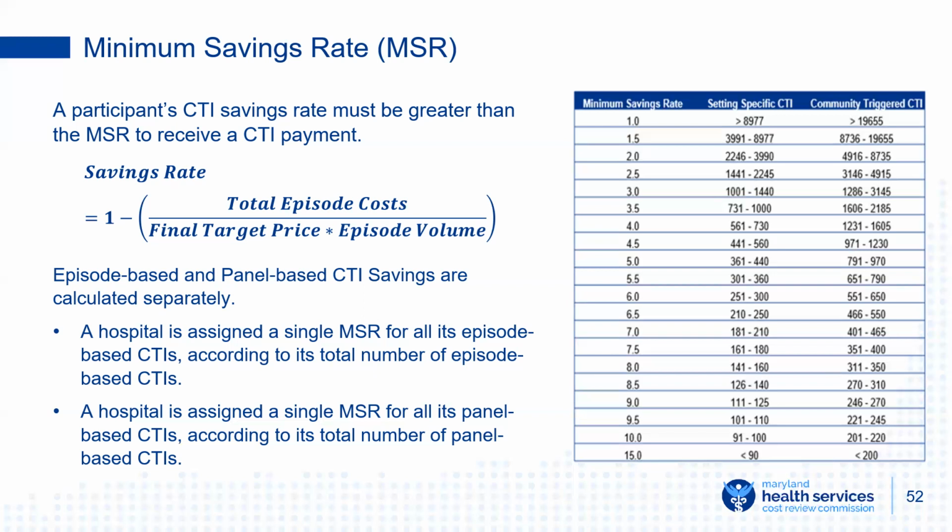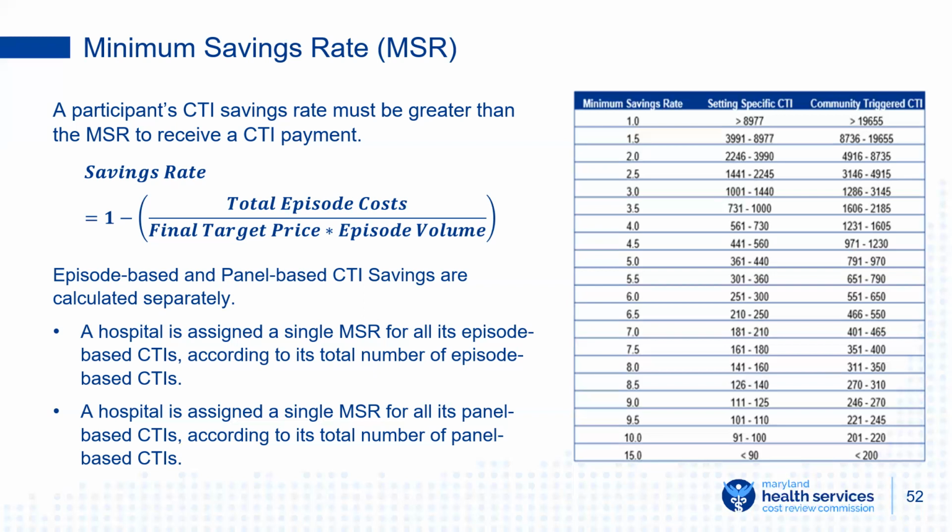The savings rate is calculated as just your total episode costs as calculated previously, divided by your final target price times episode volume. Pretty intuitive, and you can see that as the volume on CTIs goes down, especially for the setting-specific or episodic CTIs, the minimum savings rate does go up.